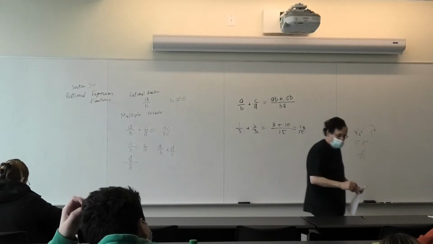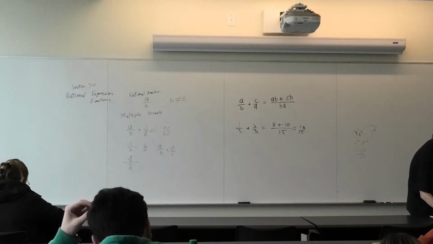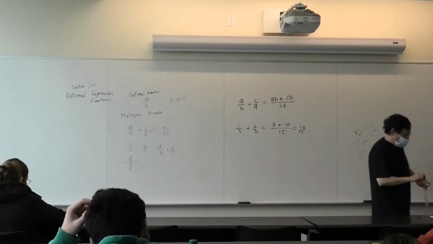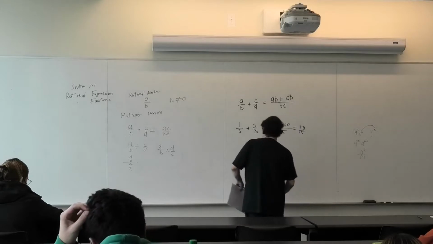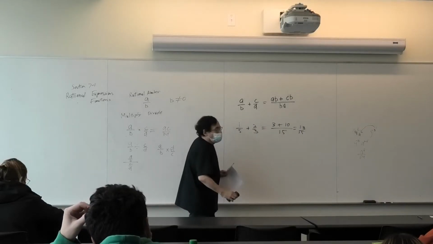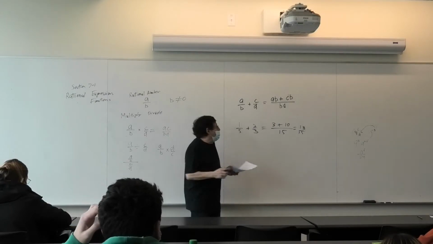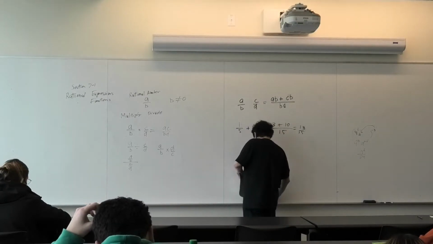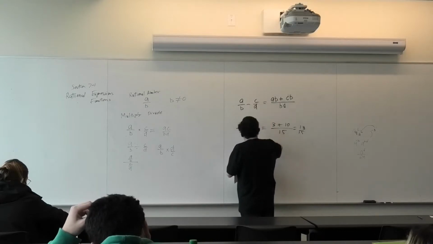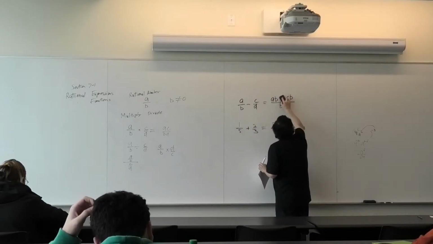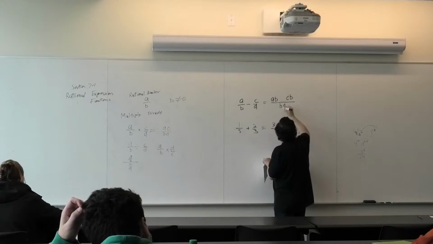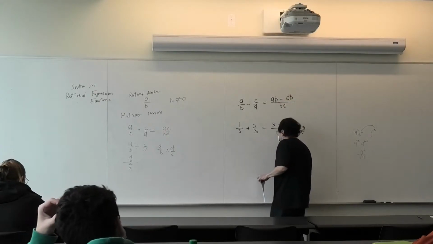Now, I'm going to cheat a little here, because I have a blackboard. When I want to subtract, it's just a matter of changing all these pluses to minuses, right?